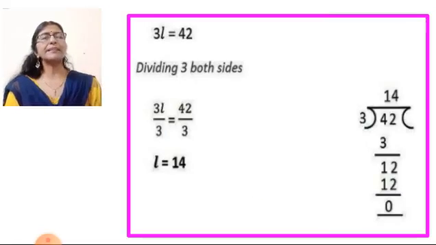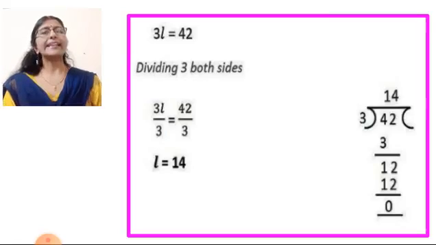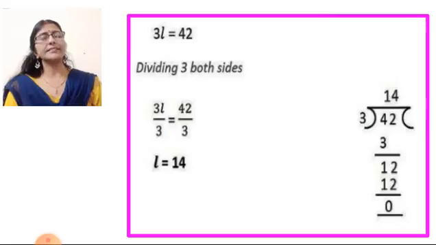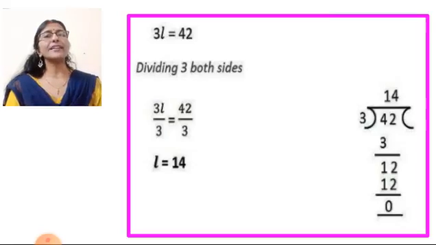Now one more example, 3l is equal to 42. Now here there is no sign between the number and the variable. As I have told you before, that means there is a multiplication sign. So we'll do division to remove 3. So dividing by 3 on both the sides, 3l will be divided by 3 and 42 also will be divided by 3.